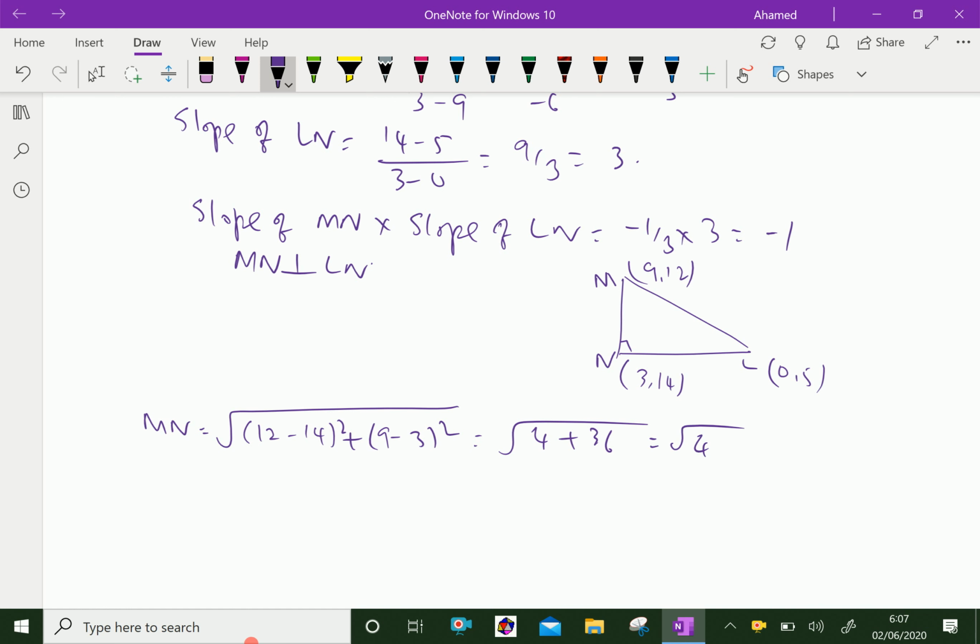Square root of 40, which is MN. Therefore MN square is 40.